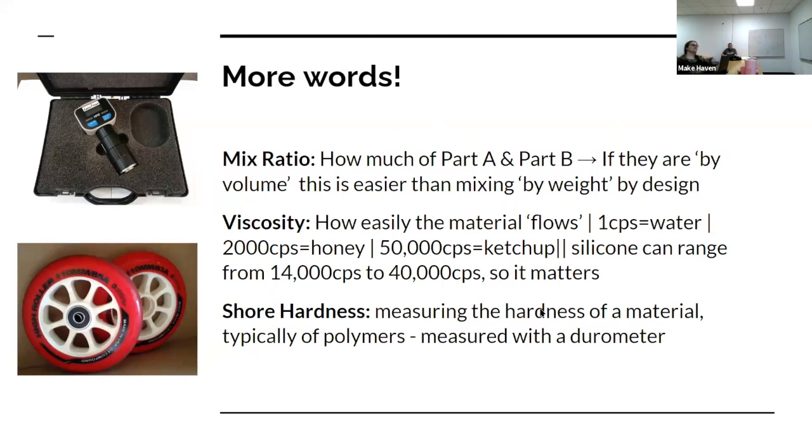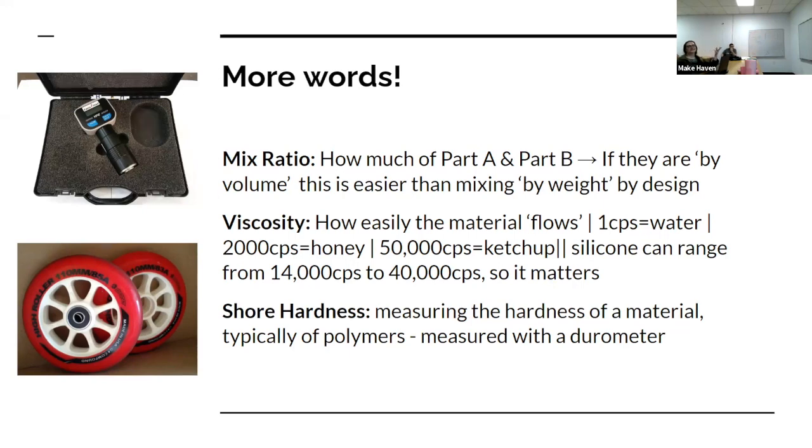The mix ratio is how much A to B. Viscosity is how much internal resistance to flow there is, how easily it'll move around. CPS are the units that they use, and 1 is water, 2,000 is honey, ketchup is 50,000. The silicone can cover a huge range, so using the numbers to your advantage will let you get the right amount of weird rubberiness you want.